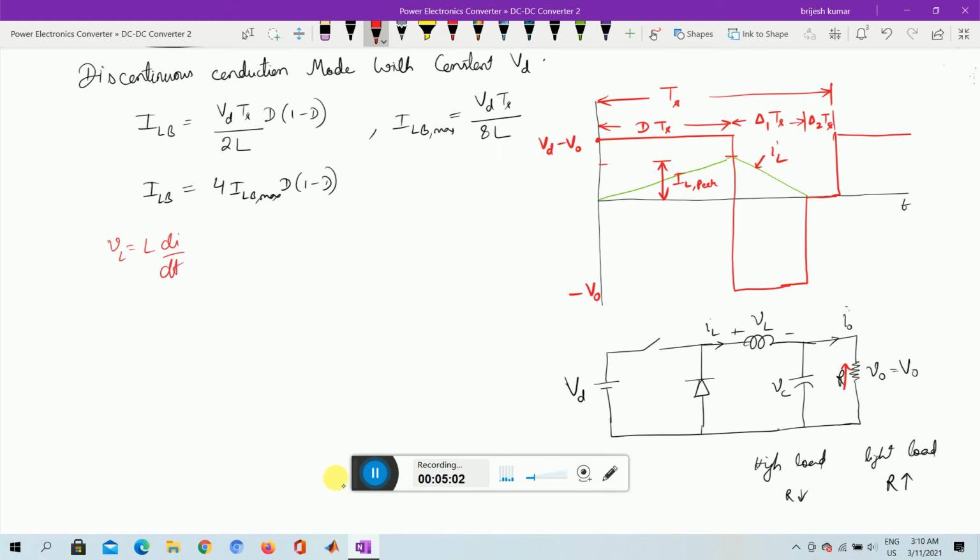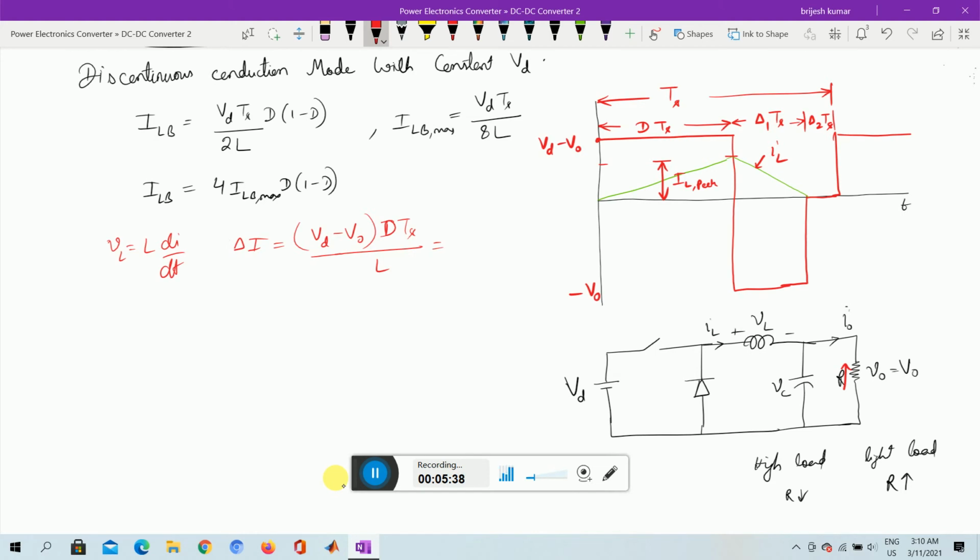We can use this formula and get the expression for del I, because del I is the same for both, and we can write it as Vd minus V0 into DTs by L is equal to... DTs is the time during which it is on, that's why DTs. Also we can write it for the off time.